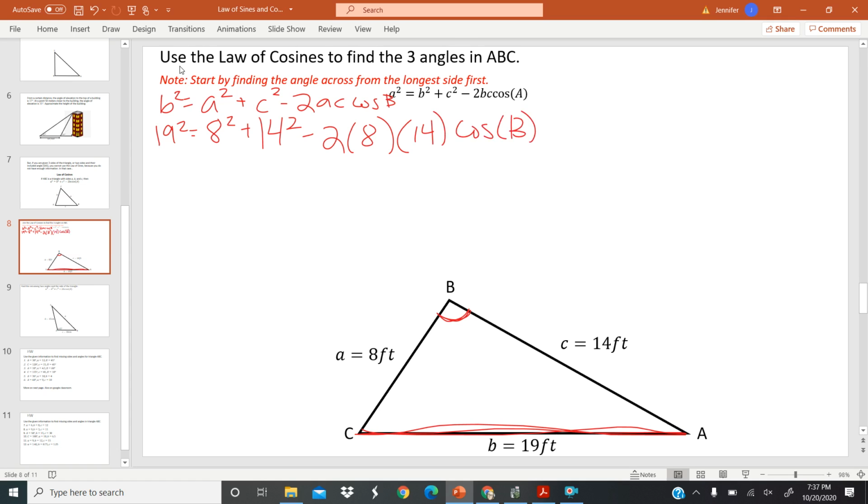So then we're going to keep going until we can solve for B. Right now we have 19 squared equals 8 squared plus 14 squared minus 2 times 8 times 14 times the cosine of B. So all of this, the negative 2 times 8 times 14 times the cosine of B, is currently chunked together because it's being multiplied. So to get cosine of B by itself, I'm going to subtract my 8 squared and my 14 squared to the other side.